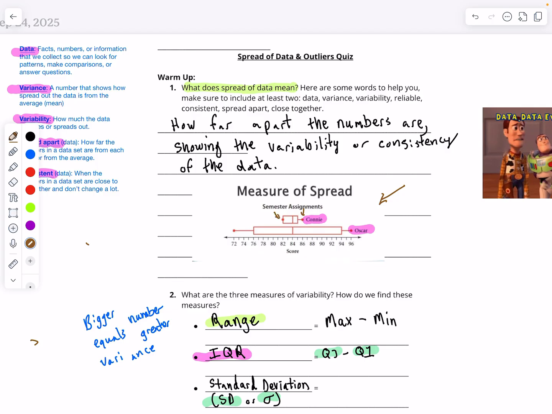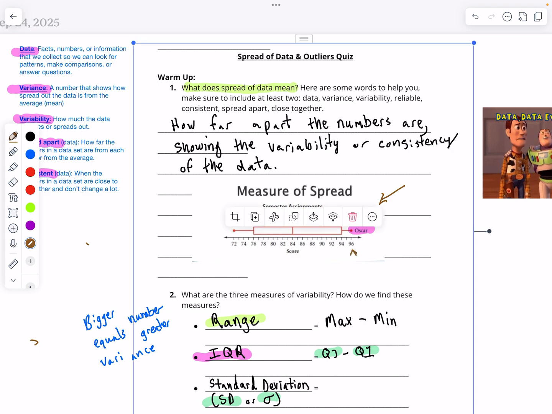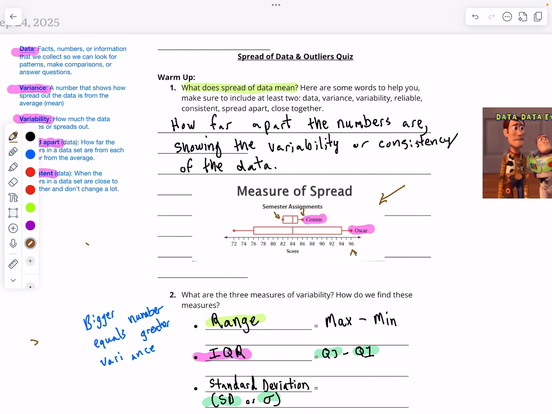Whereas Oscar's highest score was much higher, 96, and his lowest score was lower than Connie's, 72. So you can see in this visual that Oscar's data is spread out. It goes all the way from 72 to 96.